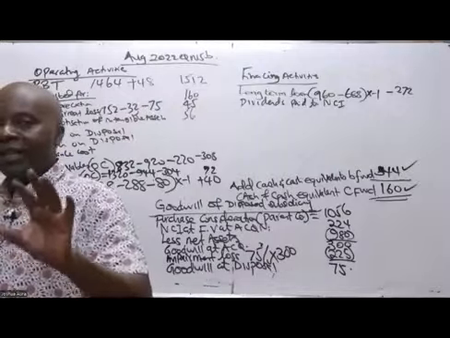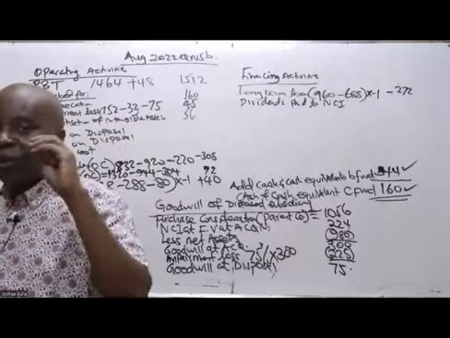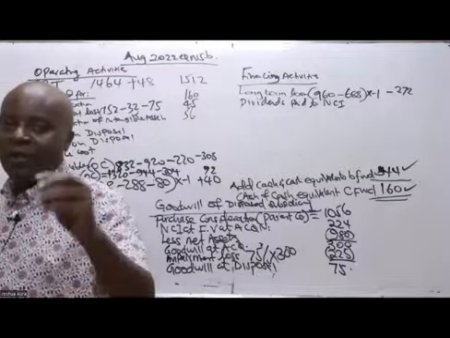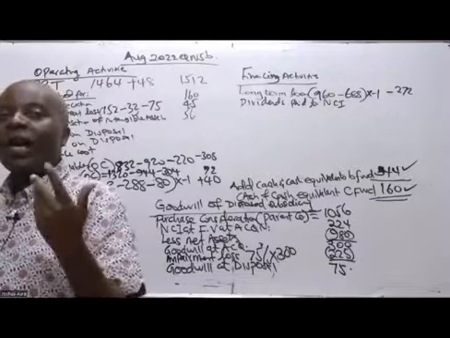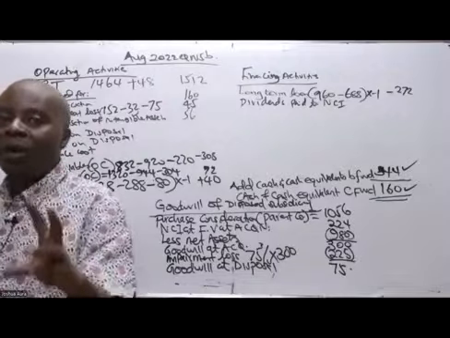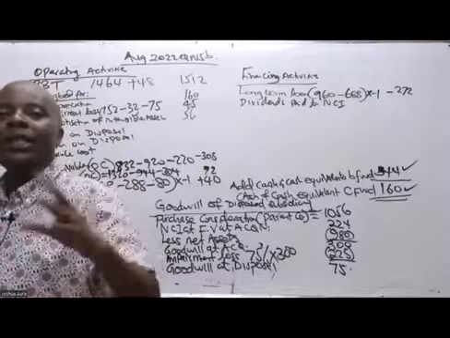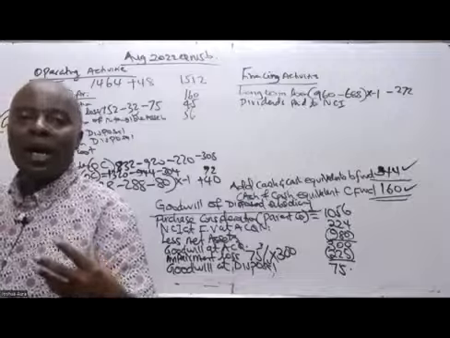If you connect this with whatever he taught you, look at the question that you did with him. Don't start doing any fresh questions now. After I've done this, I'll ask myself, can I do that question now using this shortcut and see how many marks I'll be able to harvest?